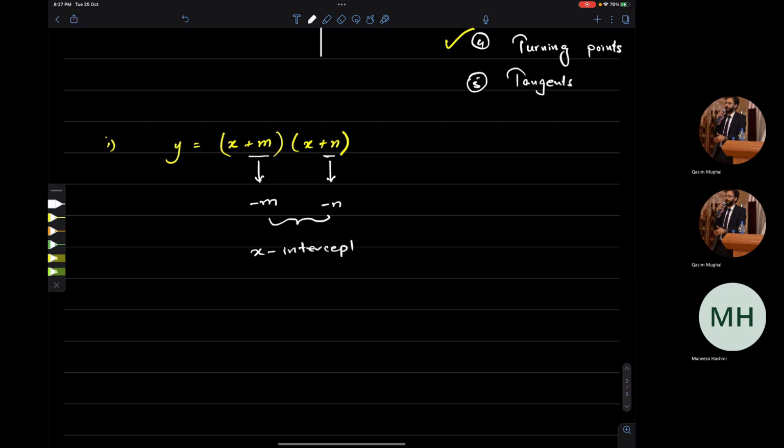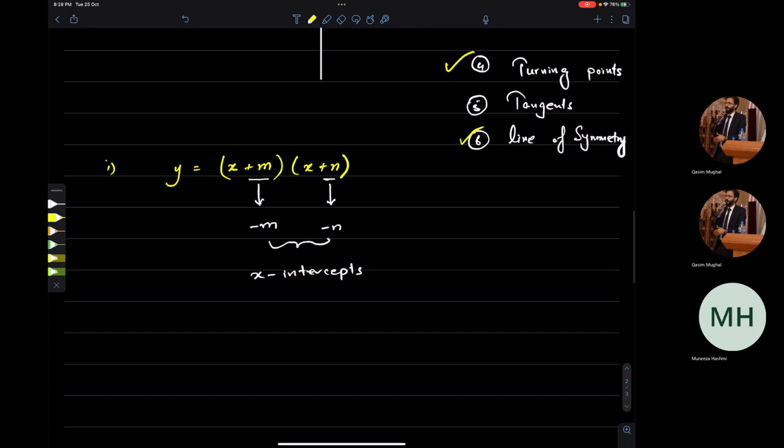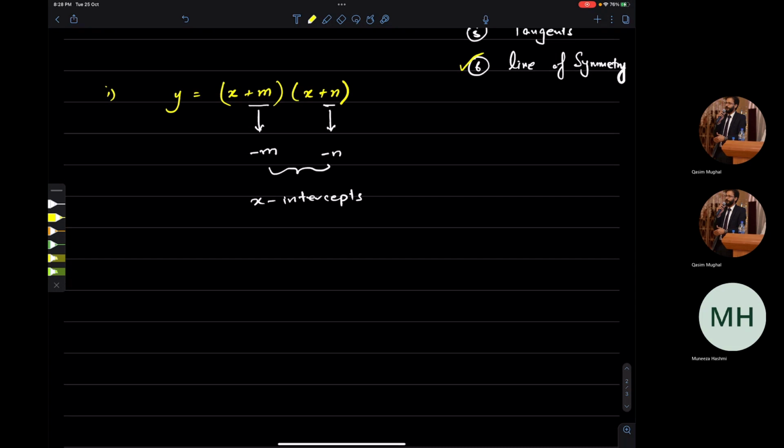Means these are the two points on the x-axis where the graph is going to cut through. Okay, I forgot one thing: line of symmetry. That's going to be there all the time. Line of symmetry will be there all the time. So did you get this part, the first one? All right, let's just do an example for this one.